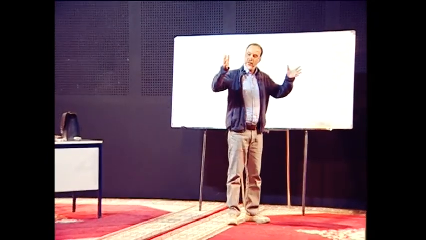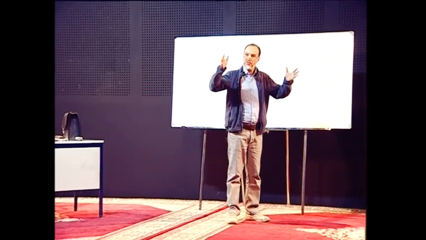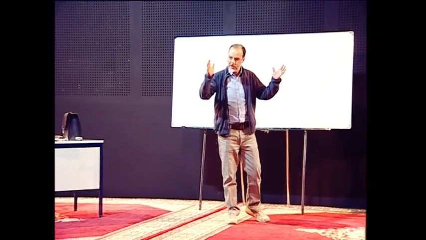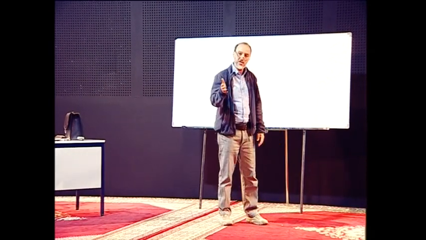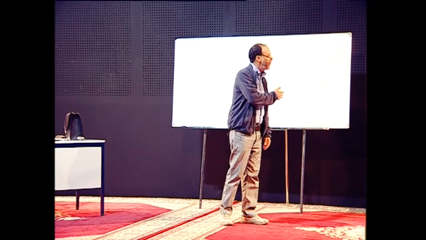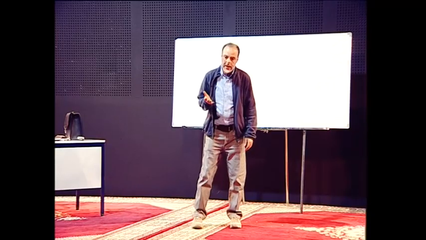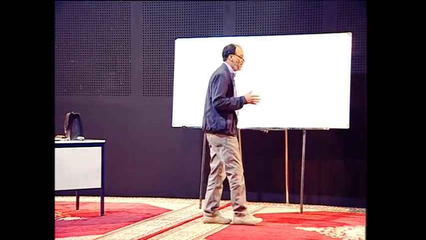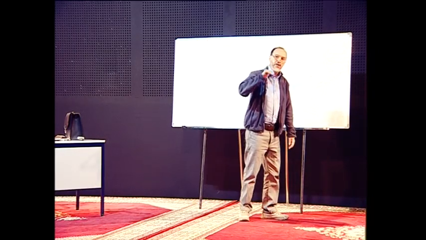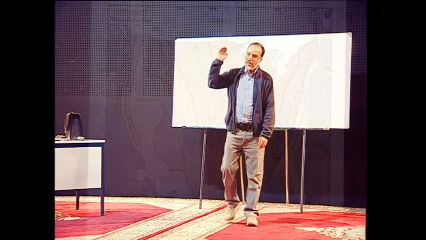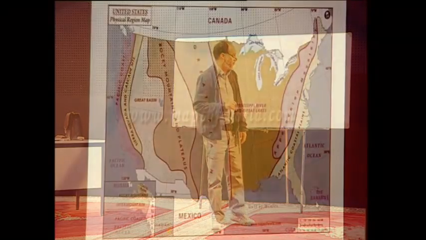Now you can see that the United States is geographically located between two mountain chains, a mountain chain on the east and a mountain chain on the west. And this makes the climate of the United States more, let's say, continental, which means we have high temperatures and also low temperatures.